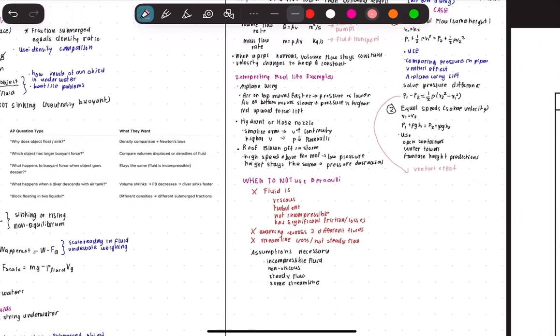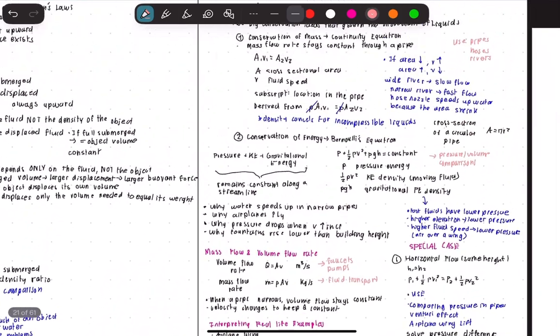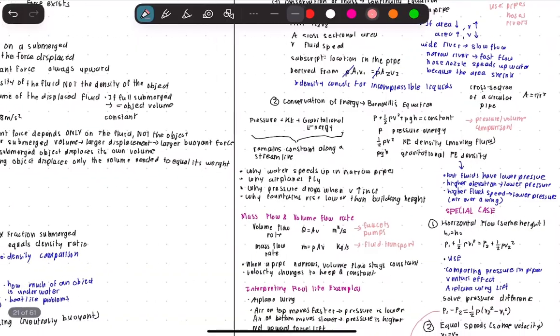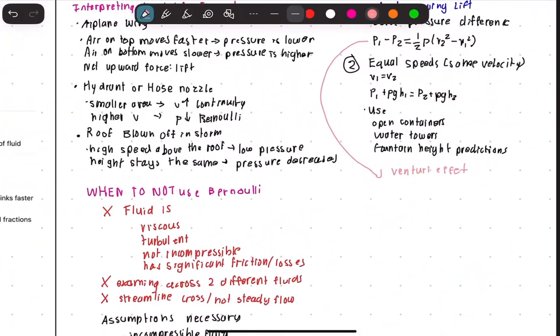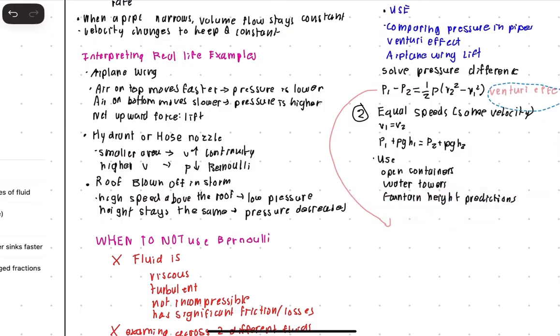And then you use P plus ρgh when, let's see, where did we put this? Oh, right here. This is for the Venturi effect.